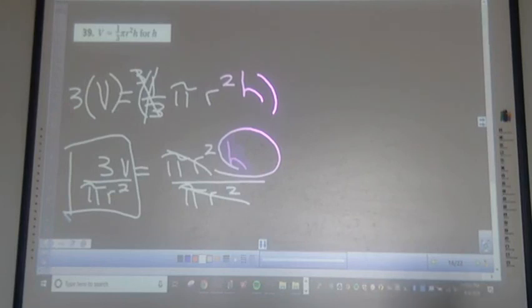Okay, let me check that one out. Why did it just switch? Weird. So, page 98.